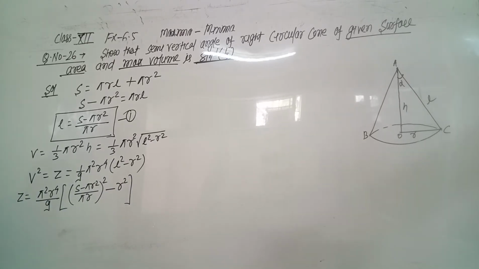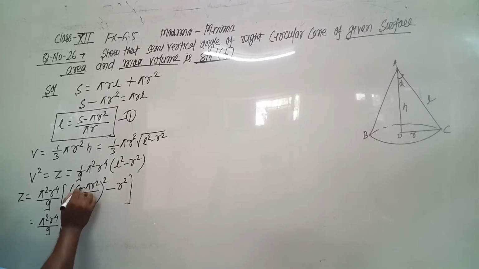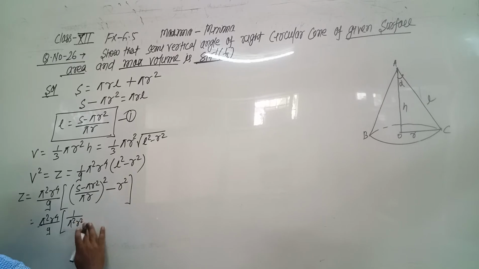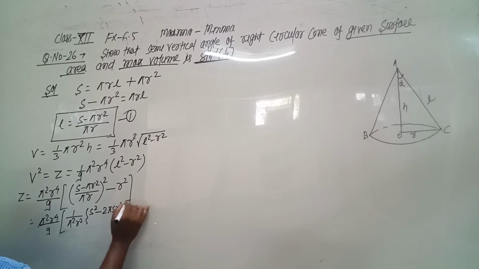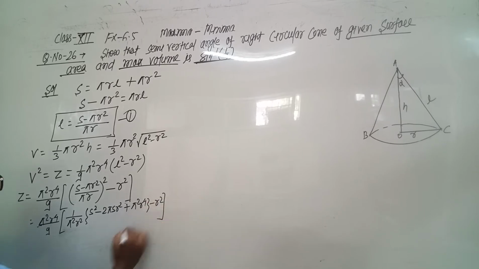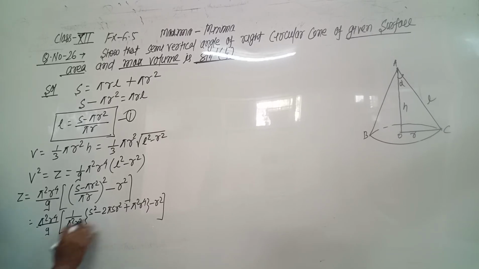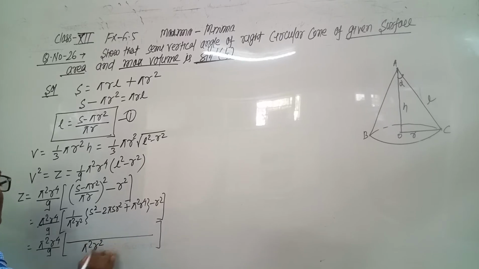Now we solve the term. We have pi square r to the power 4 upon 9, and we expand (a minus b) the whole square, over pi square r square.